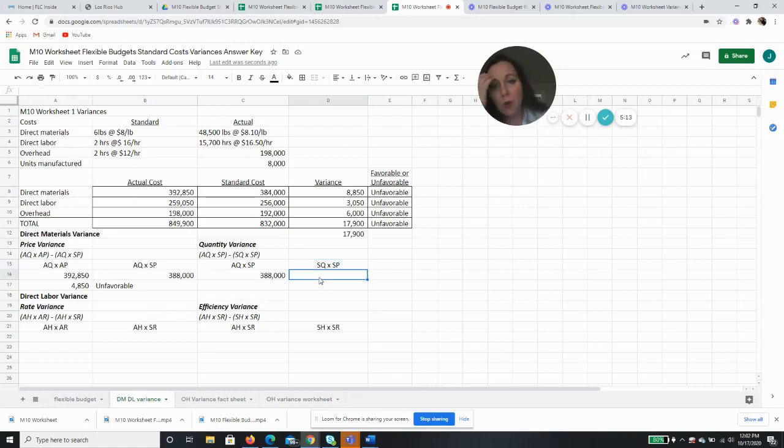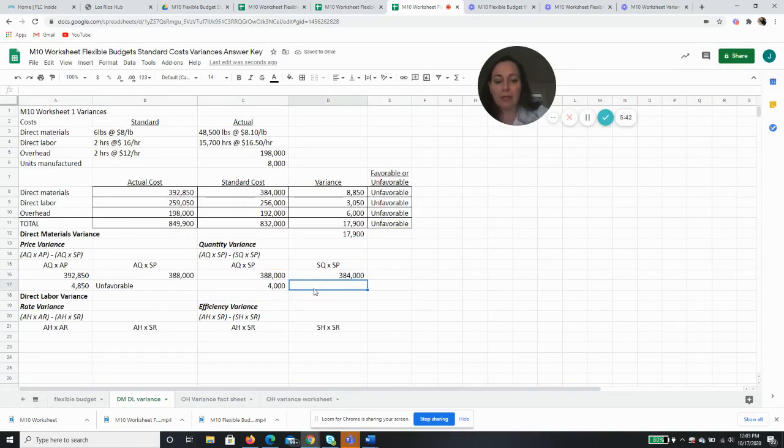Okay, so our standard quantity times our standard price. Our standard quantity is the number of units we actually produced, which was 8,000, times the standard amount of direct materials per unit, which was 6 pounds, times our standard price of $8. That's $384,000. So if I take the number on the left, subtract the number on the right, I get a variance of $4,000.